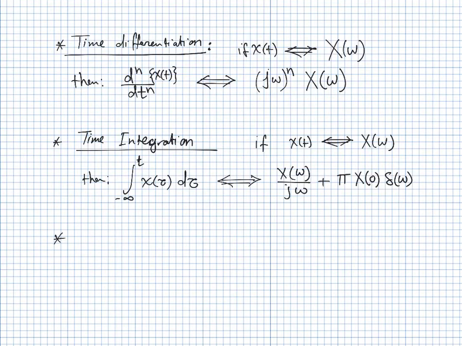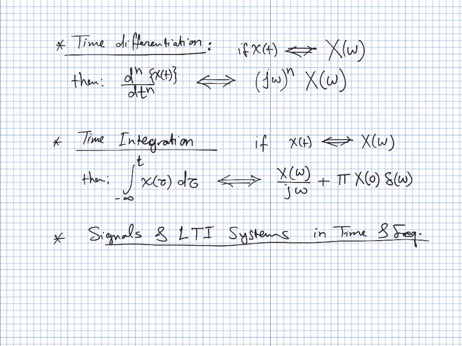Okay. Last but not least, as an application, it's not really a property, but as an application to what we have mentioned: signals and linear time invariant systems, in time and frequency.